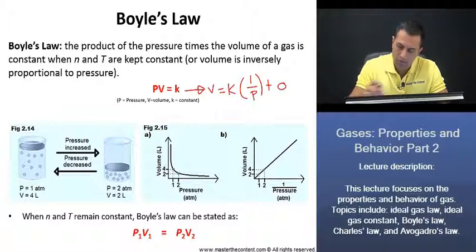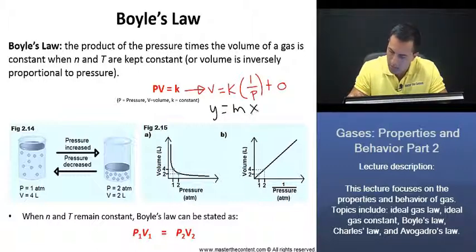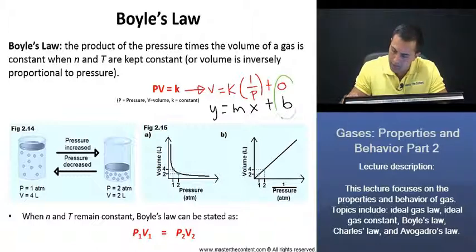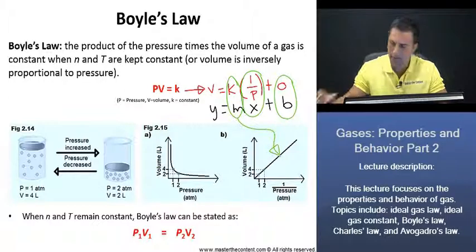Now, this follows right from y equals mx plus b, and if we recall, b is the y-intercept, right? Here it is x, and the m is our slope, which is going to be the constant here as such.